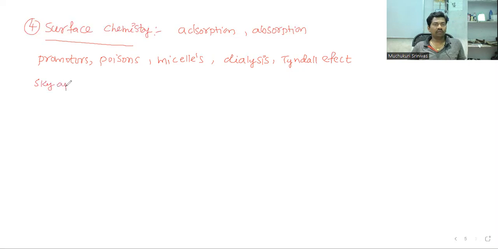Explain. The next, Brownian movement. Gold number.